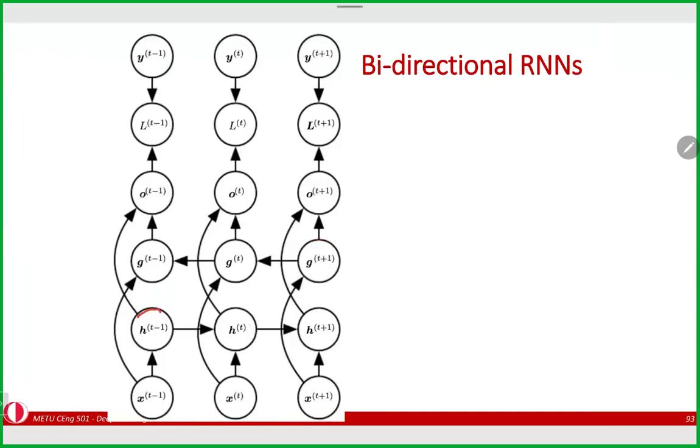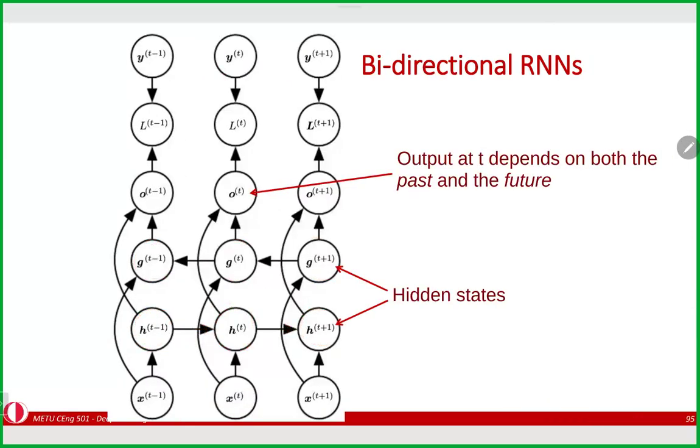This path, the H, as you can see, has the left to right flow, and there is another set of hidden states which has the reverse flow from right to left. Now the output at time t depends on the future elements through this connection, and also past elements through this connection. So this is called bidirectional.